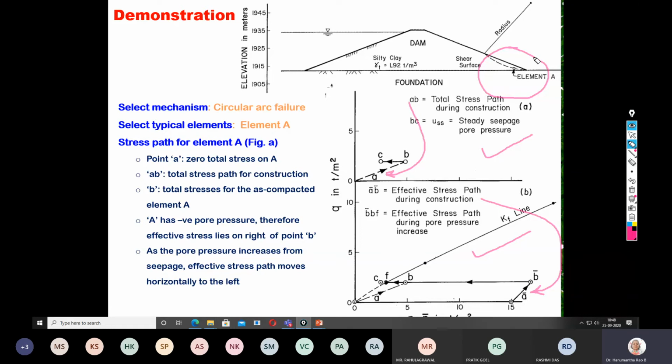There was no transient seepage or steady seepage. As a result, because of the water used during construction, the pore water pressure developed within soil element A is negative, because the sample is not fully saturated.